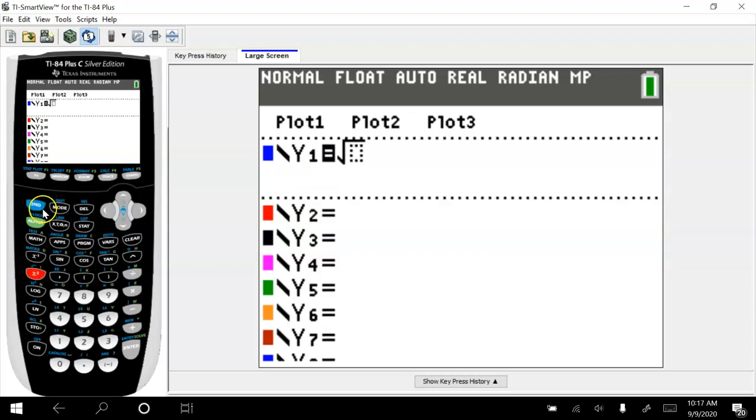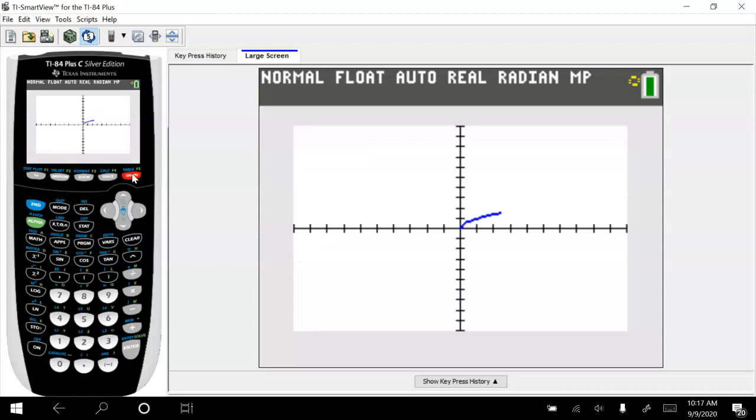So the square root and x is underneath the mode diagonal to the second. And I'm underneath the square root symbol. I'm going to get out of that. And now to graph this, we just hit graph just underneath the screen. And that's what the graph of y equals the square root of x looks like.